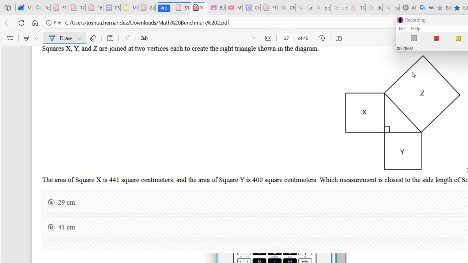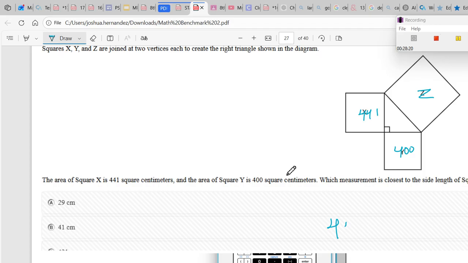X and Y and Z. Let's check this out. The area of square X is 441. The area of square Y is 400. This is Z. Okay, the side length is Z. So they gave you the squared part. They already gave it to you squared.